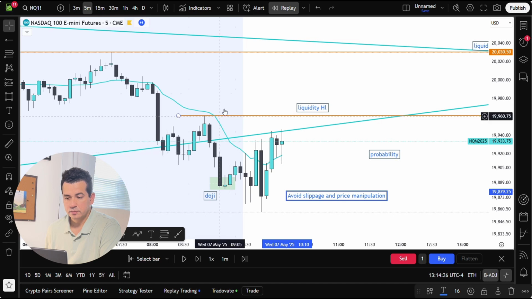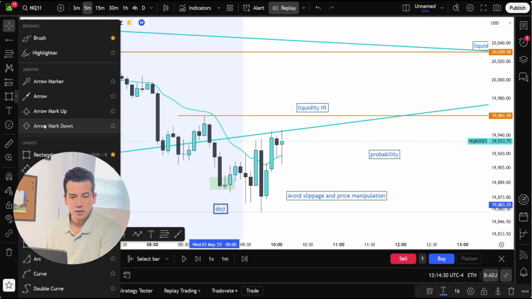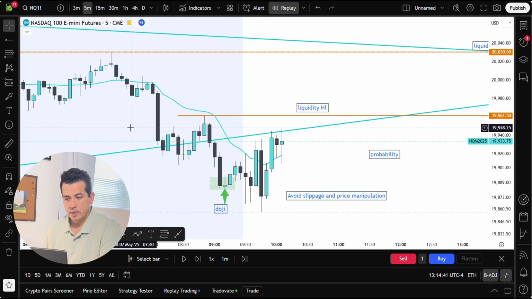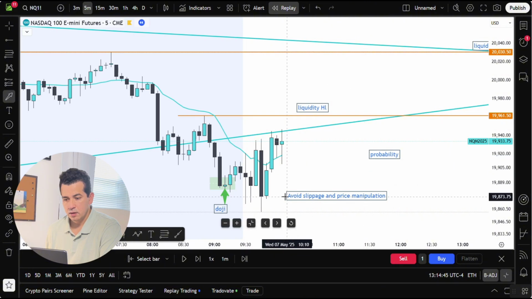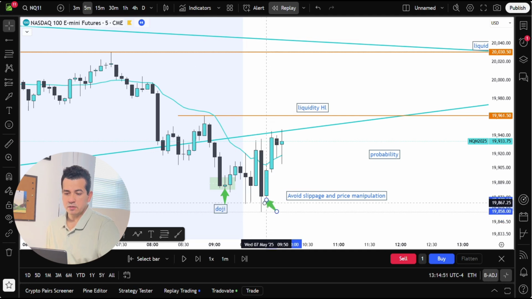Let's be more specific with this. Let's use some arrows. Avoid slippage manipulations.